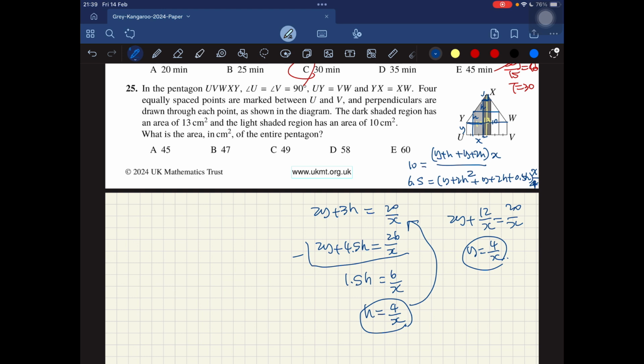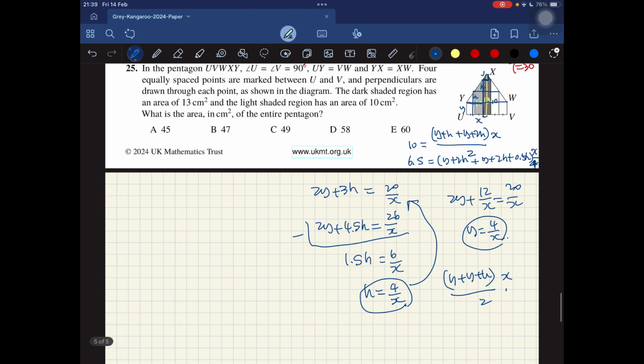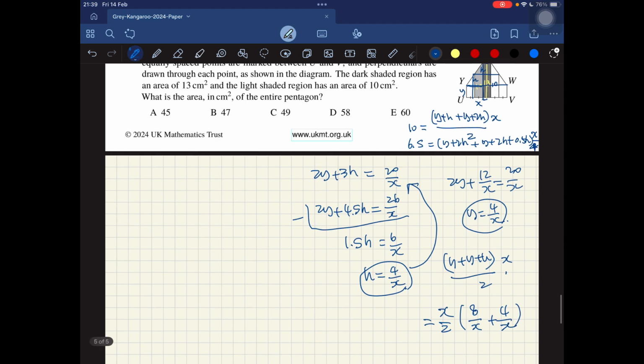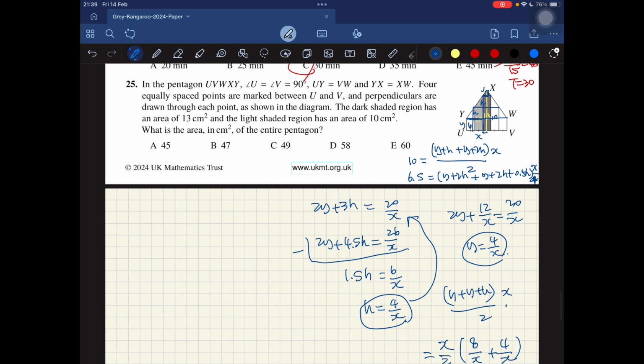So the first one is y plus h times x over 2, I mean x over 2 times 2y plus 1h. So 12, which is 6. So here is 6 and 6. So now the entire pentagon area is 12, 20, 13. So 25. So 45. That's the answer.